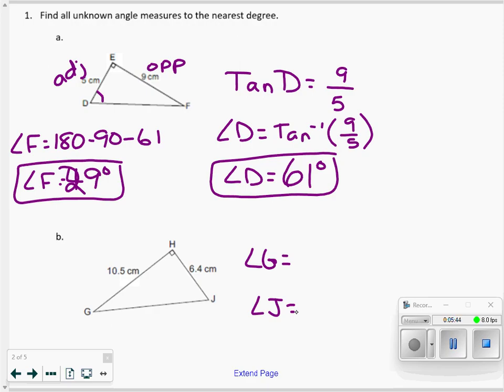So it's going to be tan again. Set up your opposite over your adjacent.